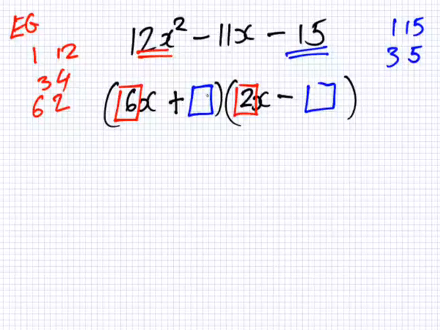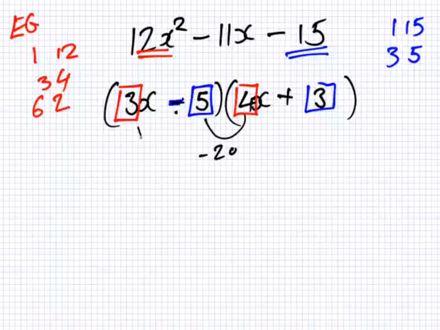So we'll write some possibilities down here. We could have 3 and 5, or we could have 1 and 15. The 24, we could have 6 and 4, 3 and 8, 12 and 2, 1 and 24. And now we need these to add together to make 38 when you multiply them.